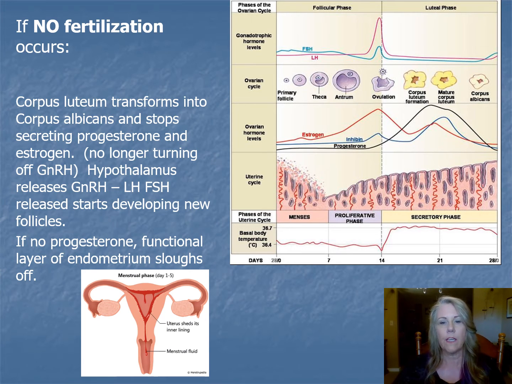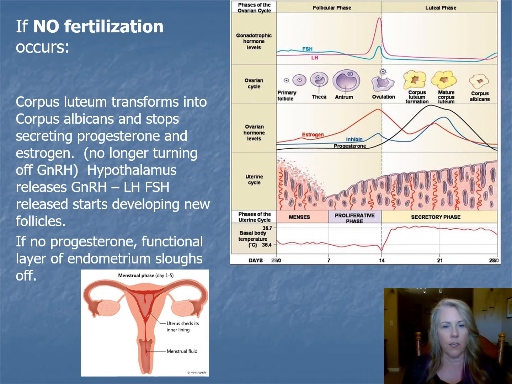We can't just talk about the ovarian cycle and the uterine cycle separately, right? And what's going on with the hormones. This shows you at a glance all of those factors together. This table also includes basal body temperature. We won't address that right now. We're talking mainly about our reproductive system and what's going on there.